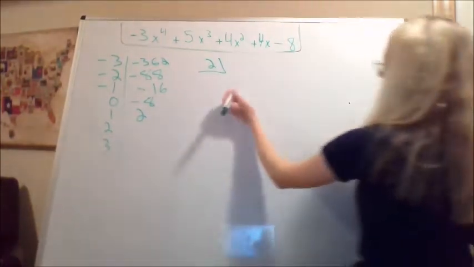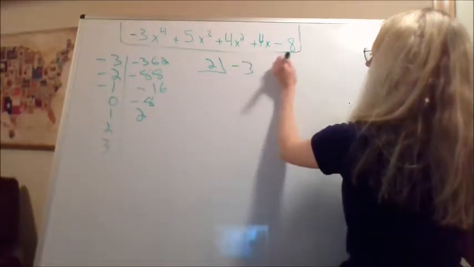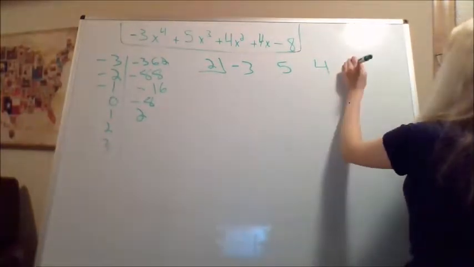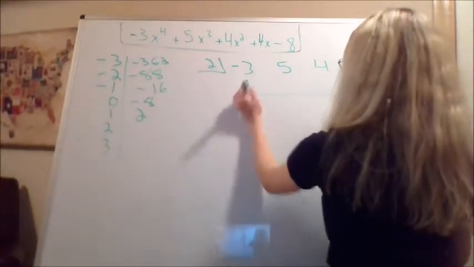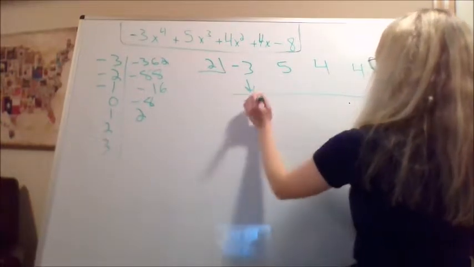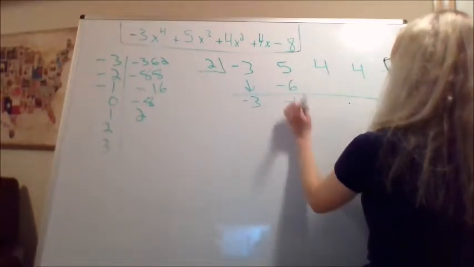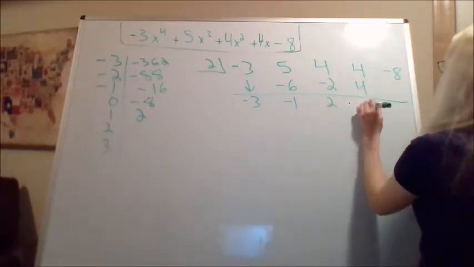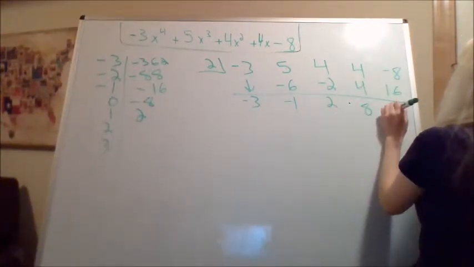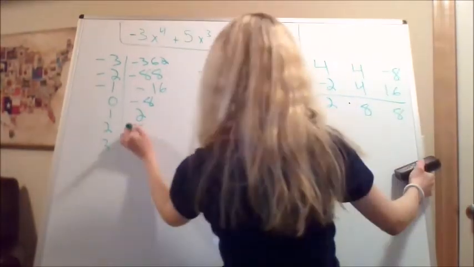2 using synthetic division is, first we write down our coefficients, draw our line, bring down the -3, multiply, it's -6, -1, -2, 2, 4, 8, 16, 8. So we have 2, 8.